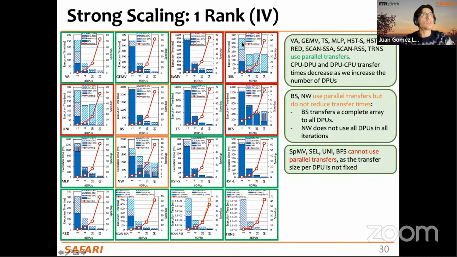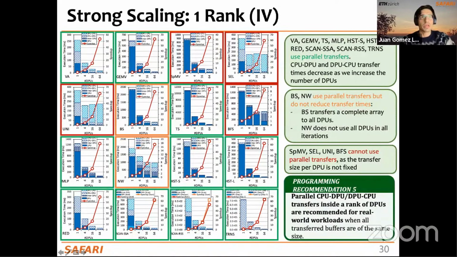And this is why we see, look at these DPU-CPU transfer times in Select, that they increase as we increase the number of DPUs, because we are not parallelizing them. So one programming recommendation here is that for CPU-DPU and DPU-CPU transfers inside a rank of DPUs, we recommend to use parallel transfers when the transfer buffers are of the same size.